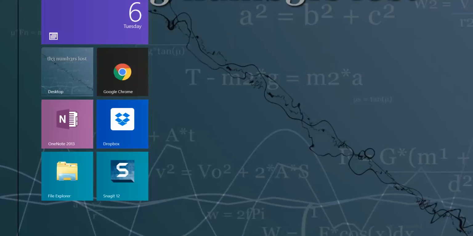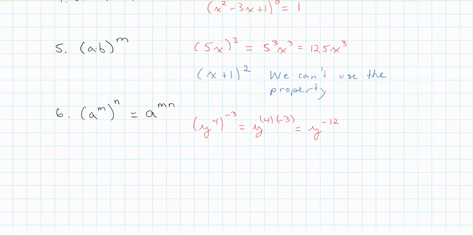But then when we get to y to the negative 12th, we use the negative exponent rule, and we get 1 over y to the 12th. So that would be simplifying it all the way down.